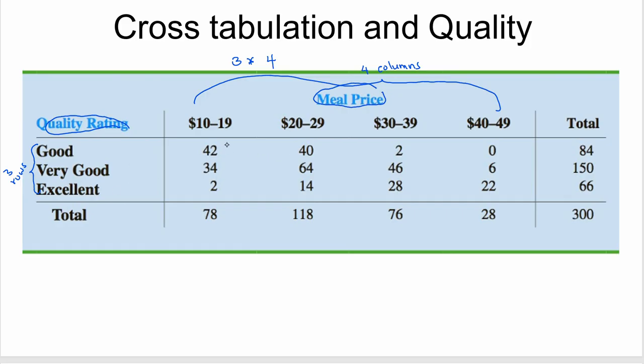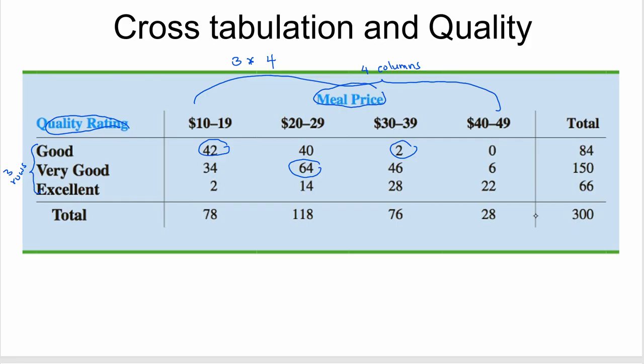Now, the number 42 here represents the number of restaurants that serve their meals for $10 to $19 and are rated good. The number 64 here represents the number of restaurants that serve very good food between $20 and $29. The number 2 here represents the number of restaurants that serve good food between $30 and $39.